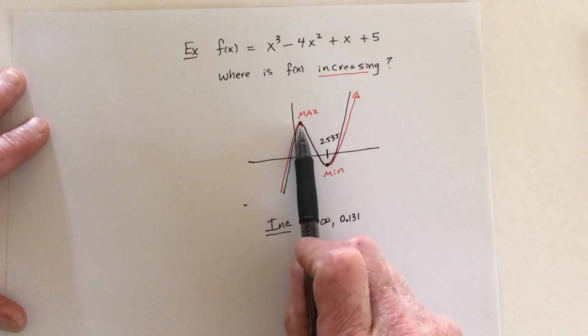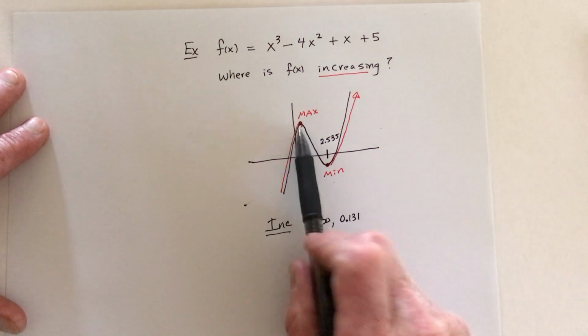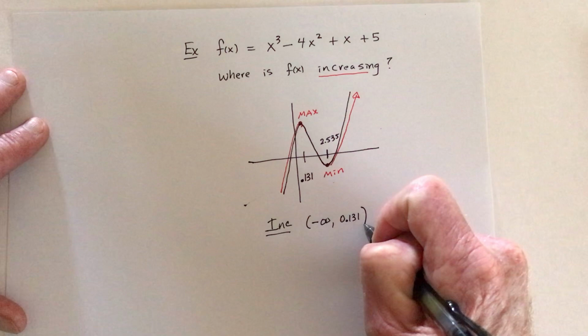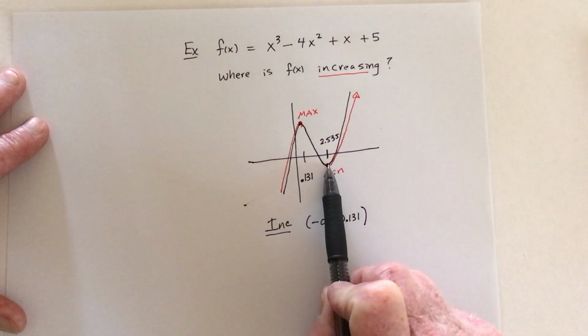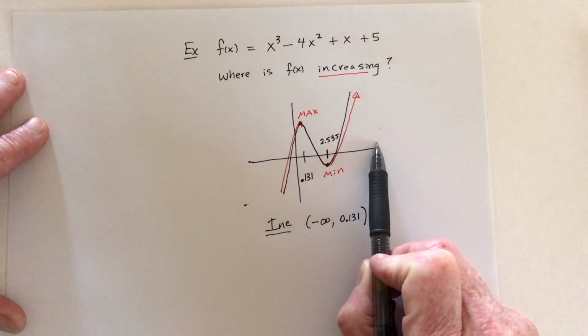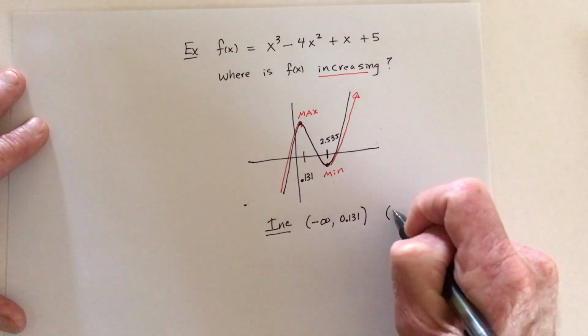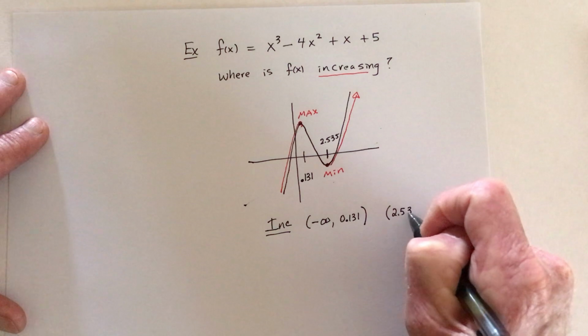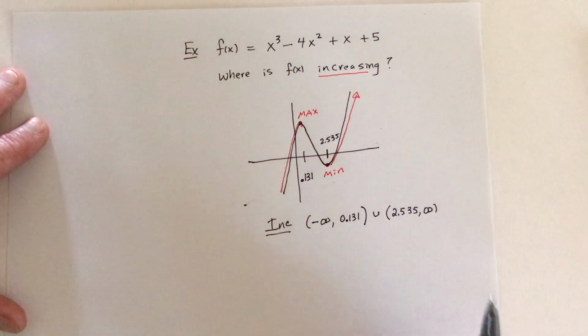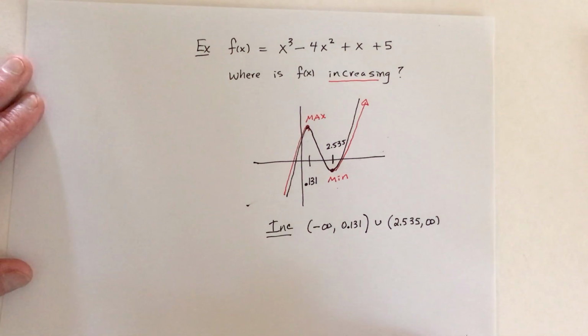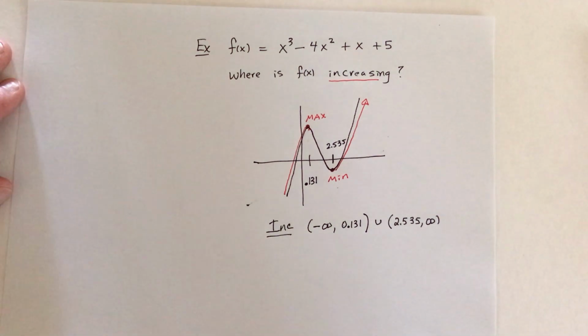Now when it gets to that point, it's not going up anymore. So that means that this needs to have a round parenthesis. And then the right side, so from 2.535 until x goes out forever, so from 2.535 out to the right forever, put a union, and then that's where it's increasing, and that's the end of today's video.